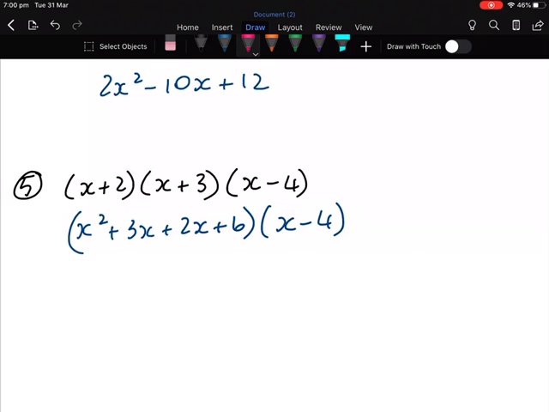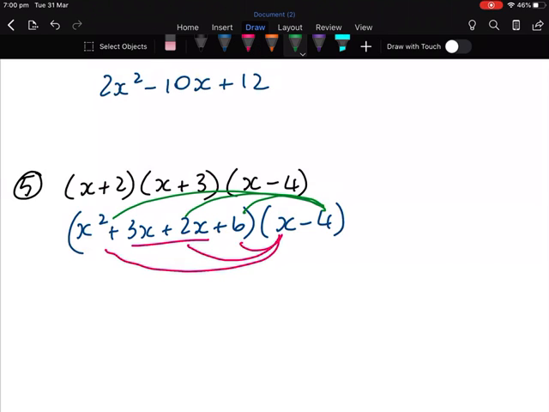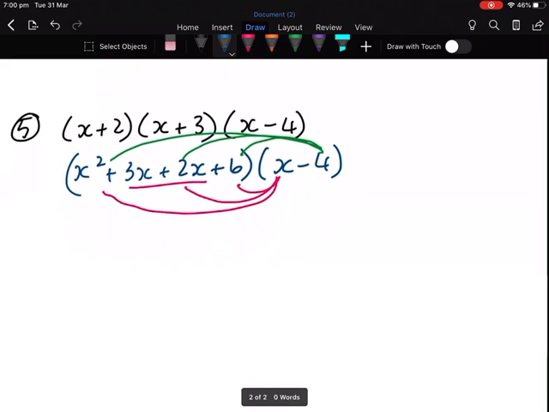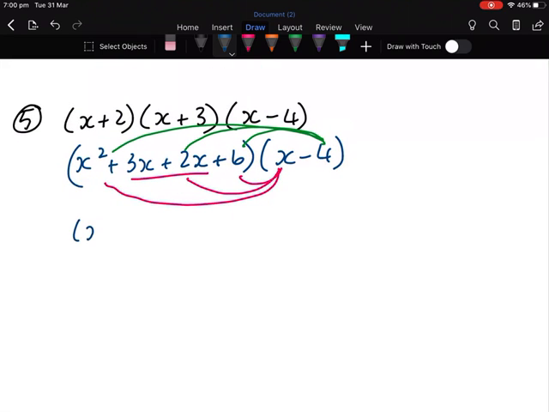Now this is where we need to be careful, because I need to multiply x by all of those terms, and then multiply the 4 by all of those terms. First, let me simplify it and write it as x squared plus 5x plus 6. And then I'm going to multiply that by x take 4.